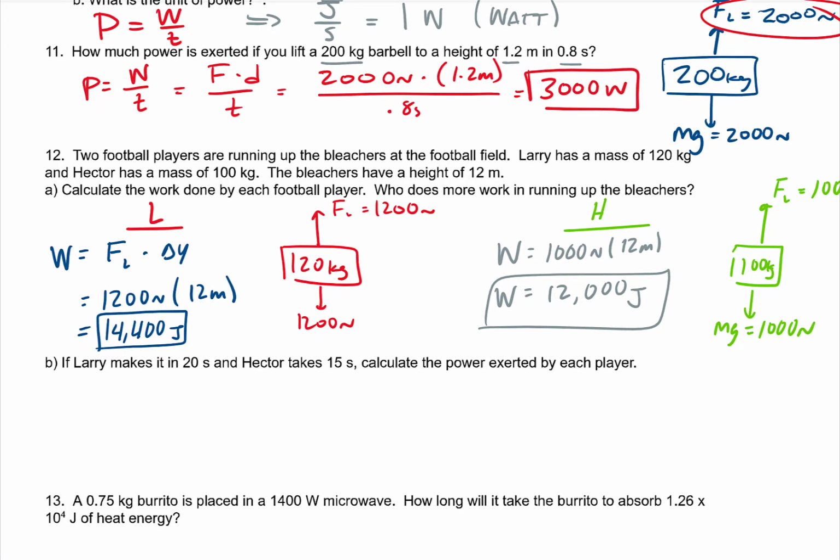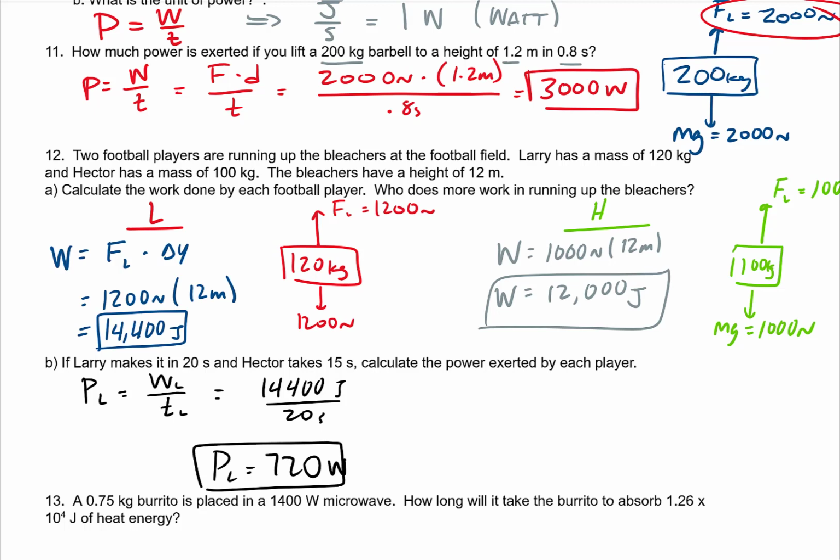All right, so Larry's power is going to be Larry's work divided by his time. So that's going to be 14,400 joules for Larry divided by 20 seconds. So Larry's power is 14,400 divided by 20, or 720 watts. That's Larry's power.